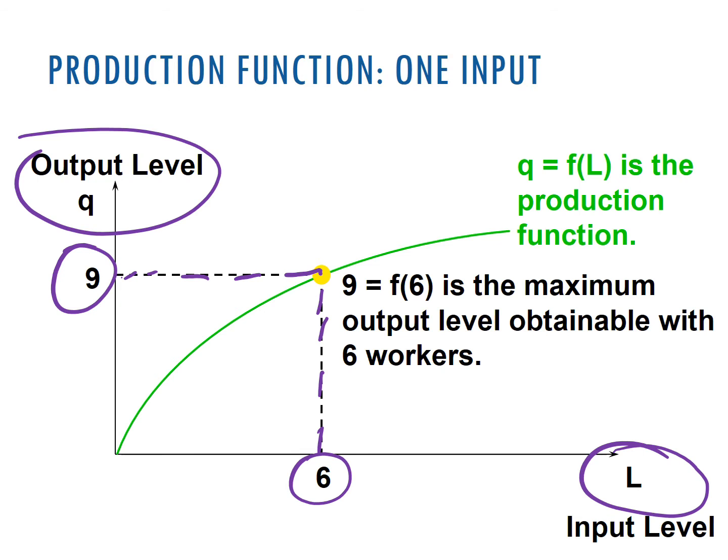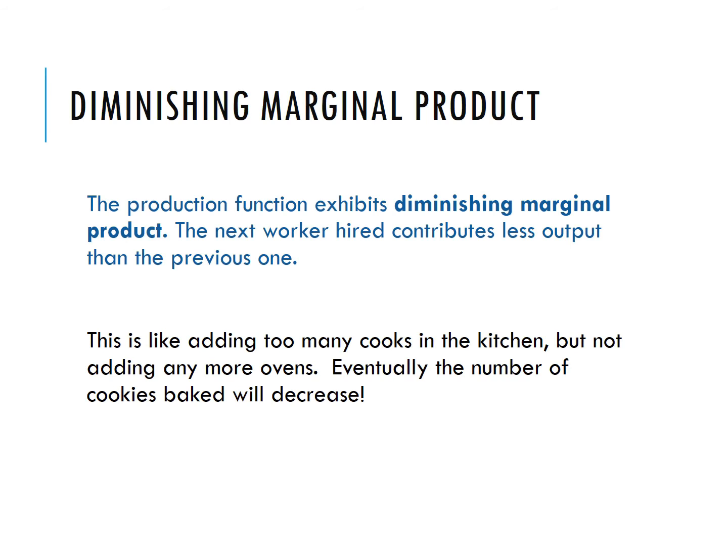So one thing to take note of is the shape of this production function. It goes up more steeply and then it levels off a bit. So in other words, the slope is steeper and then it flattens out as the number of workers goes up. And this characteristic is pretty common, and we typically refer to it as diminishing marginal product.